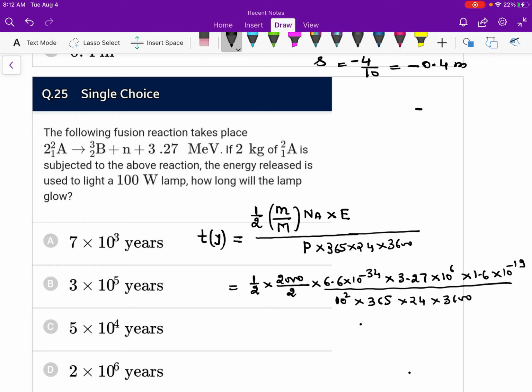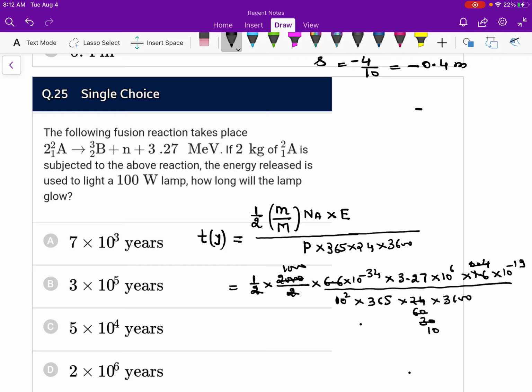All right, so 4 into 1.6, this is 0.4, and 0.4 upon 24, which is 60. So 1.1, 60, 1.1. So now let's first settle the 2000, 30 and 10.